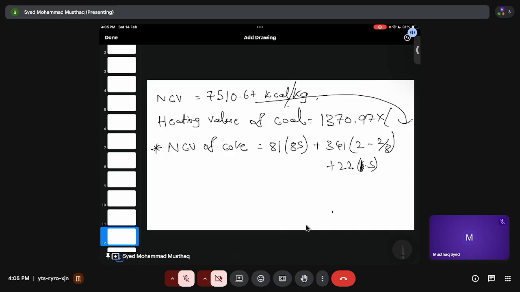These are approximate values. Times 1.5. We are talking net, so there is no moisture in coke, that's why you can directly write 9 cross 2.